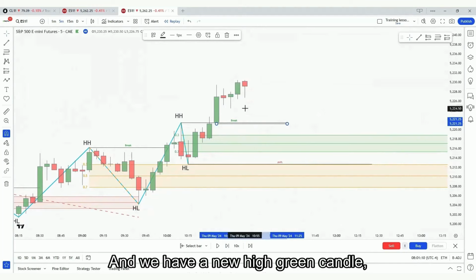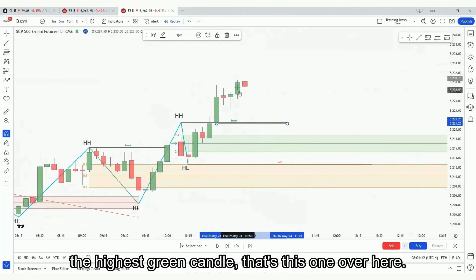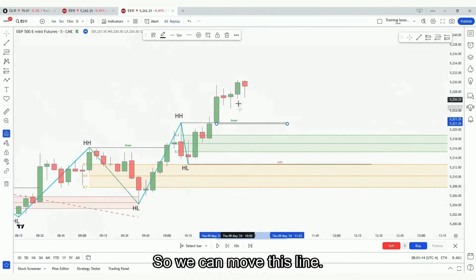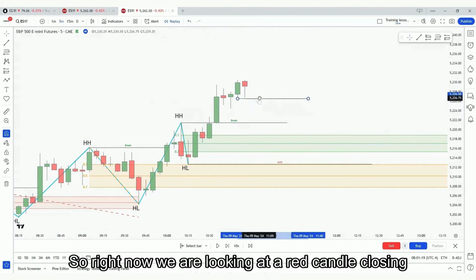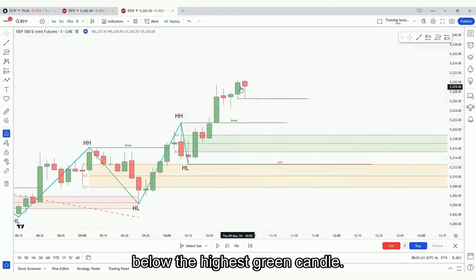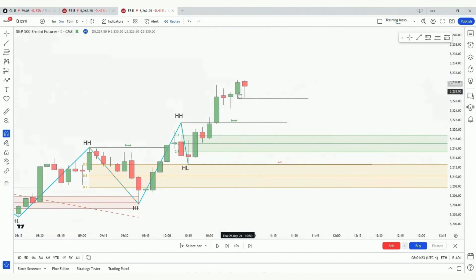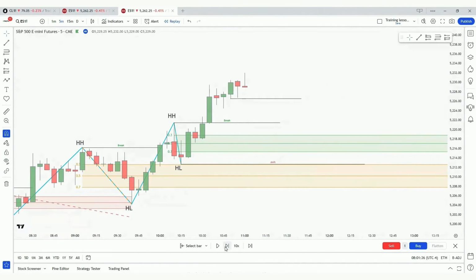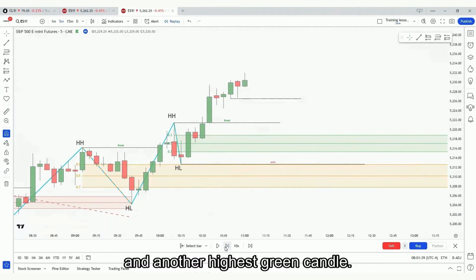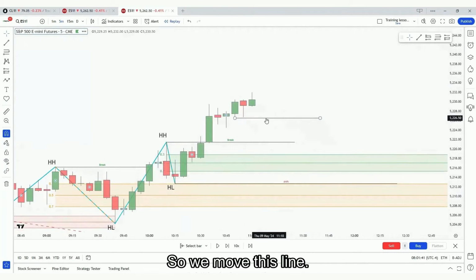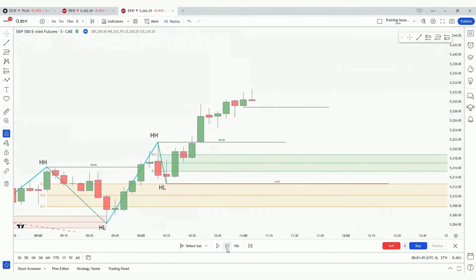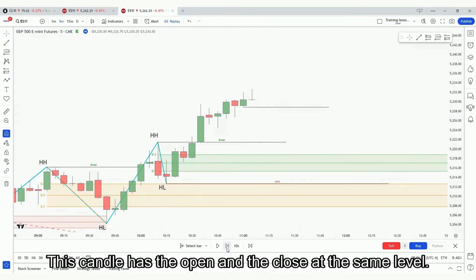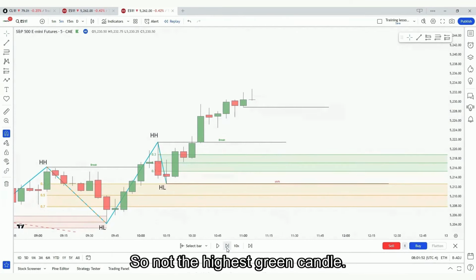And we have a new highest green candle, that's this one over here, so we can move this line. Right now we are looking at a red candle closing below the highest green candle, and that's this one. And another highest green candle, so we move this line. This candle has the open and the close at the same level, so not the highest green candle.